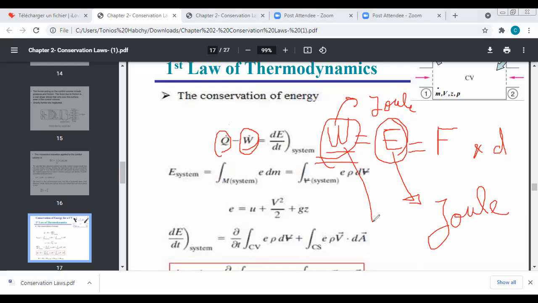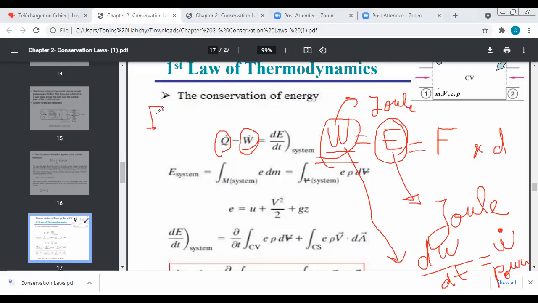And now if I want to see the variation, the rate of work with time, dW by dt, or W dot, then its unit will be in watt, which is the unit of power. You know that power is expressed as the derivative of work with respect to time.